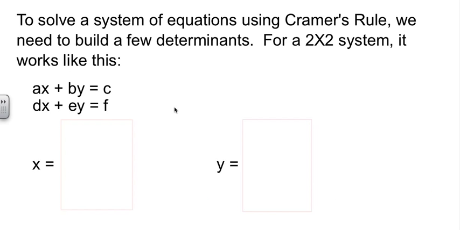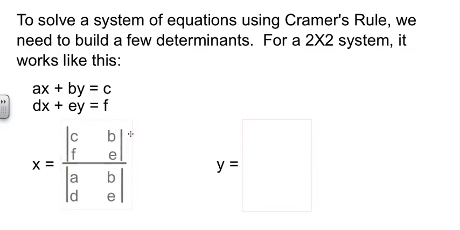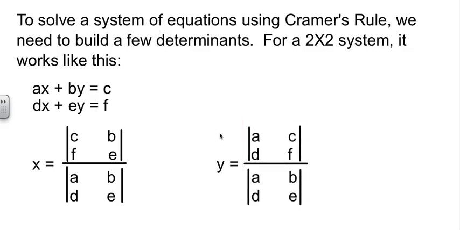Now, in order to use Cramer's rule, we have to build some determinants. And for a 2x2 system, it works like this. Let's say we have these two equations. All the letters that are not x and y are going to be numbers in your problems. Then x is equal to a couple of determinants, one over the other, and y is equal to a couple of determinants.